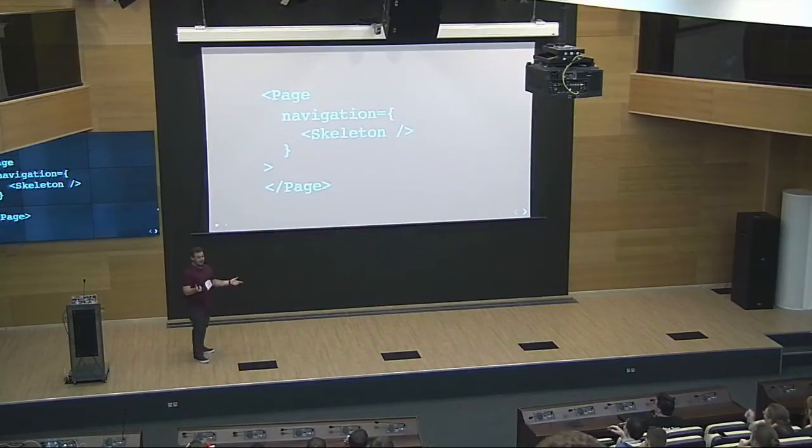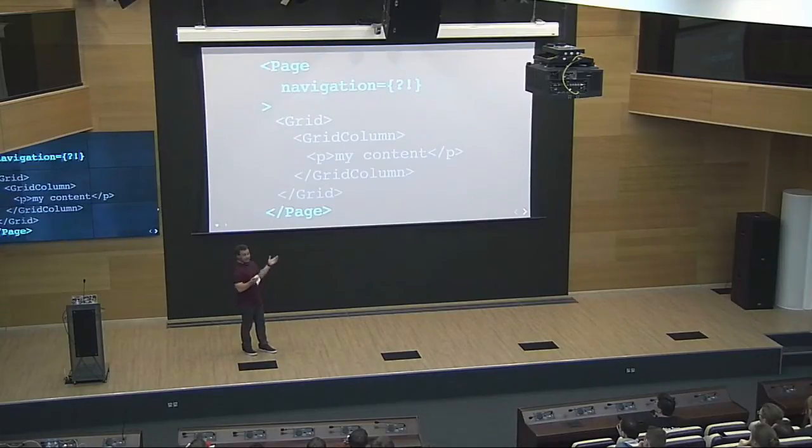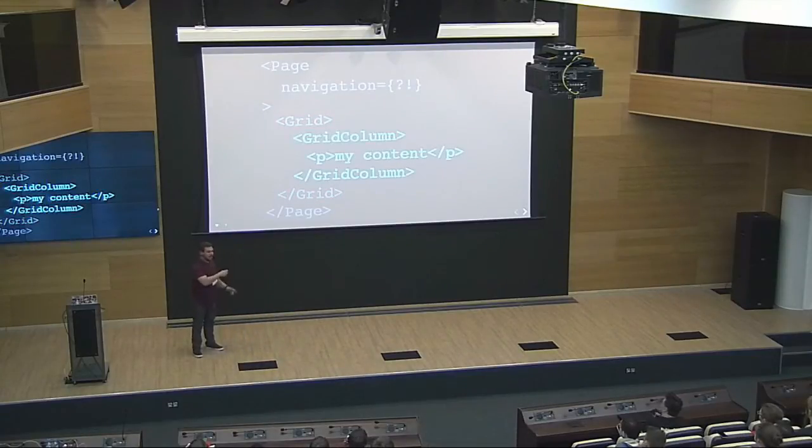And yeah, it's a page. That's the white content. It has a navigation, which can be a skeleton or navigation. A page which has a prop navigation, which can have skeleton navigation. Can be anything. And inside of this, you have the grid, so you can have like proportions for your content, buttons, pages, cards, and so on and so forth. And you have grid columns, which is the page.